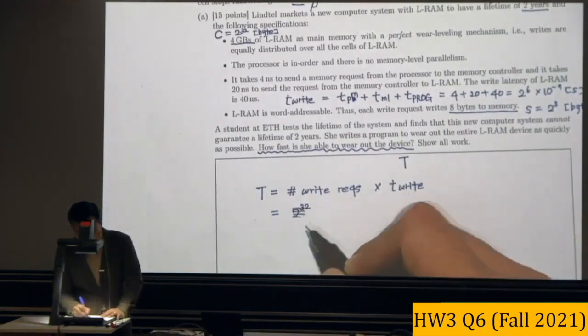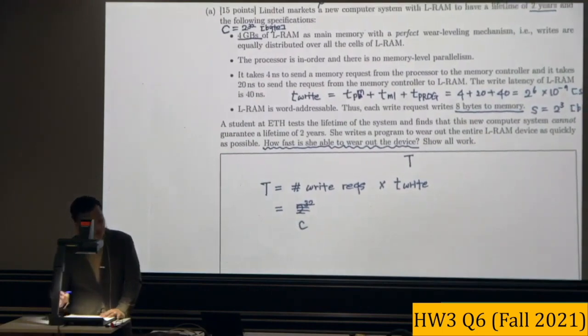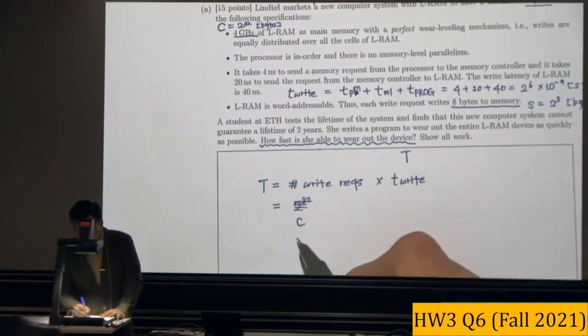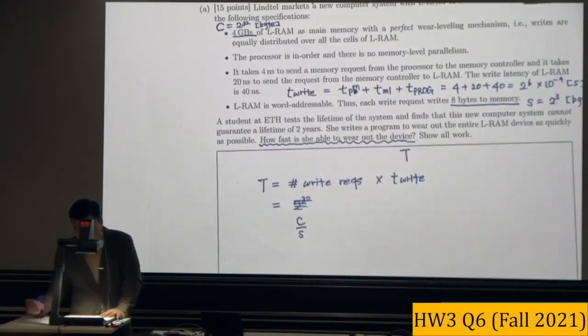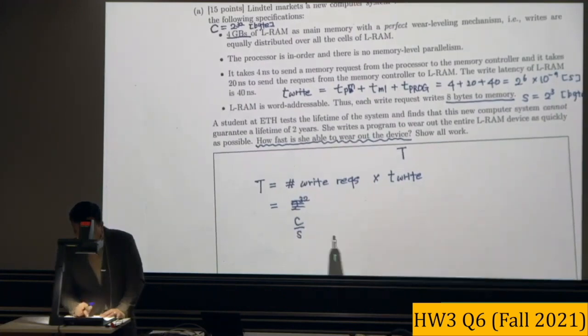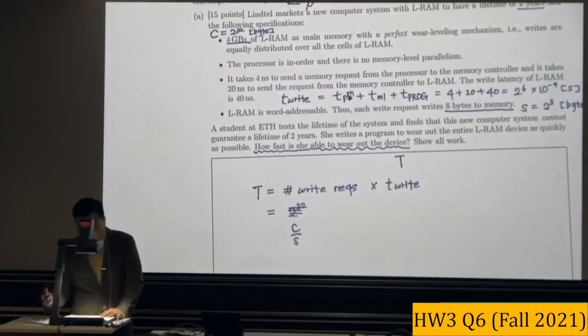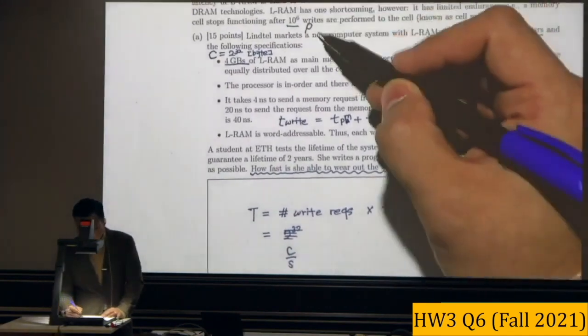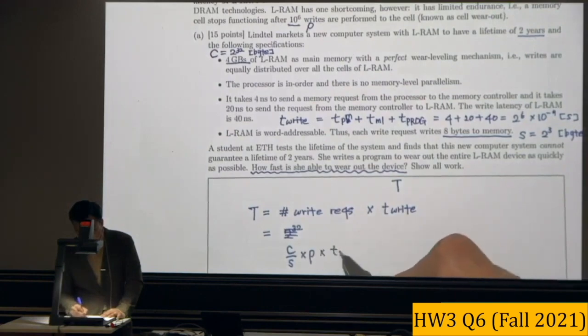So let's use the terminology C, and we can write as large as the size S. So the total number of write requests should be C over S. And we repeat this for the limited program cycles of a cell, right? So our final formula should be like this.